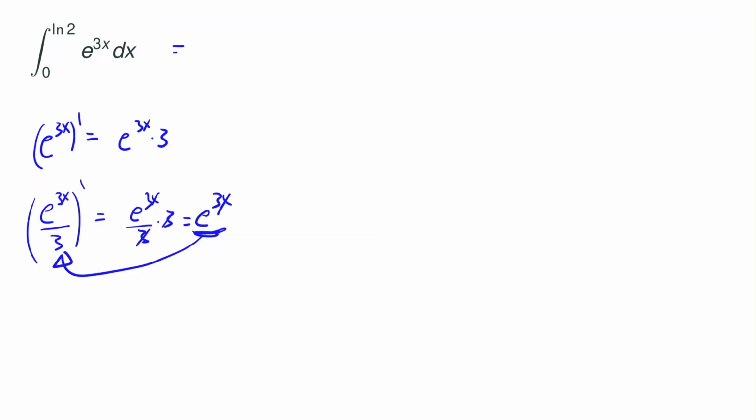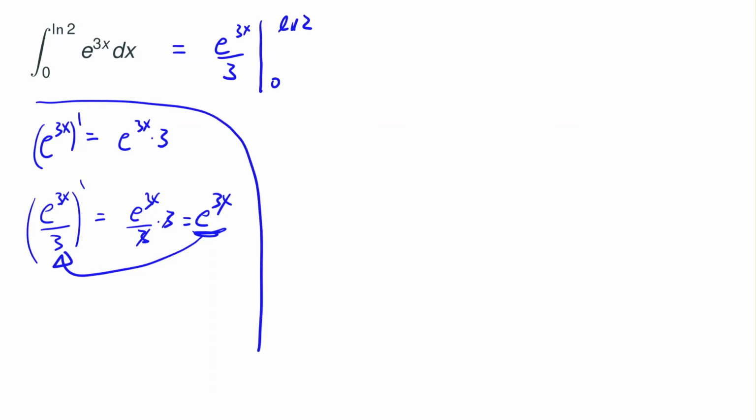So the antiderivative of this is e to the 3x over 3, evaluated at 0 and ln of 2. So let me do a part here. At this point, plug this in and subtract.